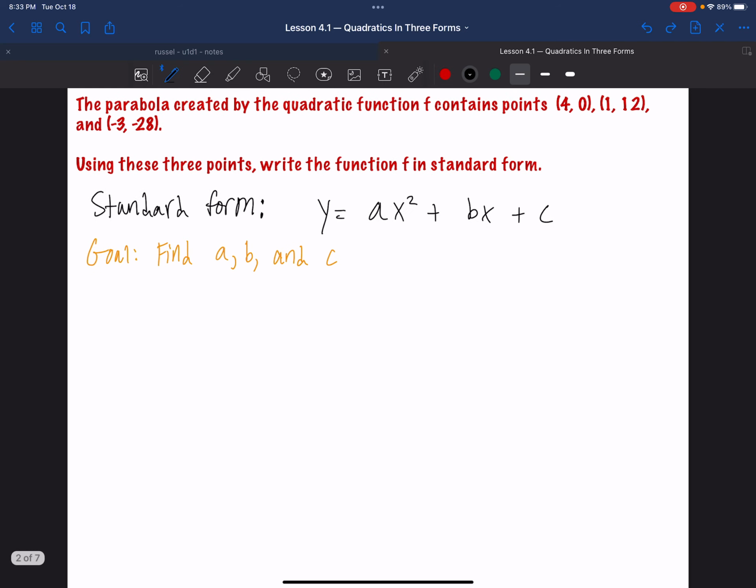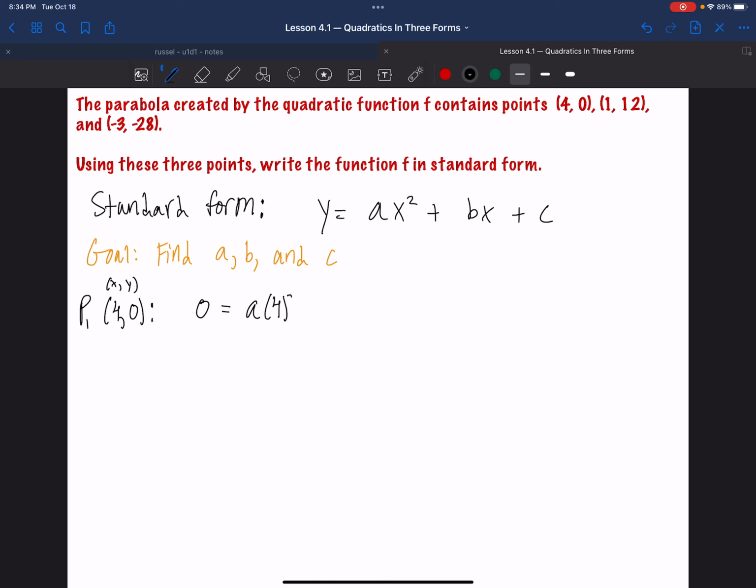The first point. So point 1, which is (4, 0). What does this say? X is 4 and y is 0. So in standard form, this says 0 equals a times 4 squared. I'll use parentheses instead of a dot.